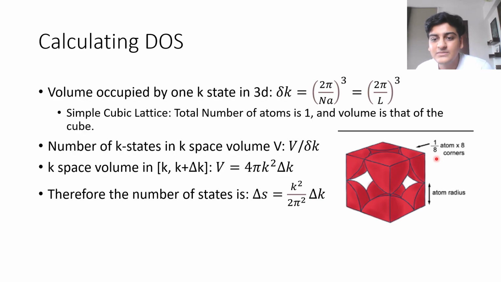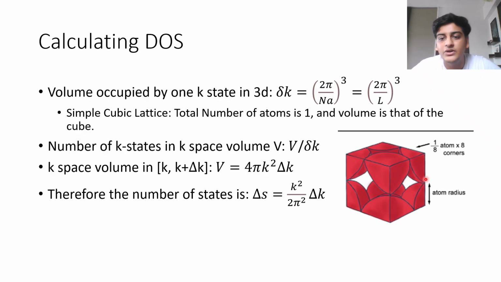Now, how many atoms are there in this volume, or how many spheres actually occupy this volume? This is something you would have seen in solid state in chemistry. So the idea is that each sphere is 1 by 8 inside this particular cube, and you have 8 such spheres.